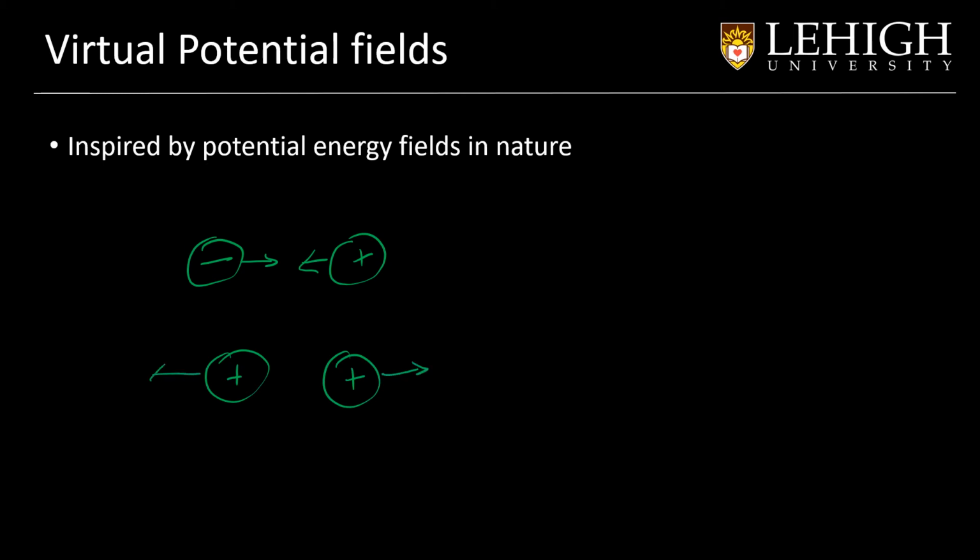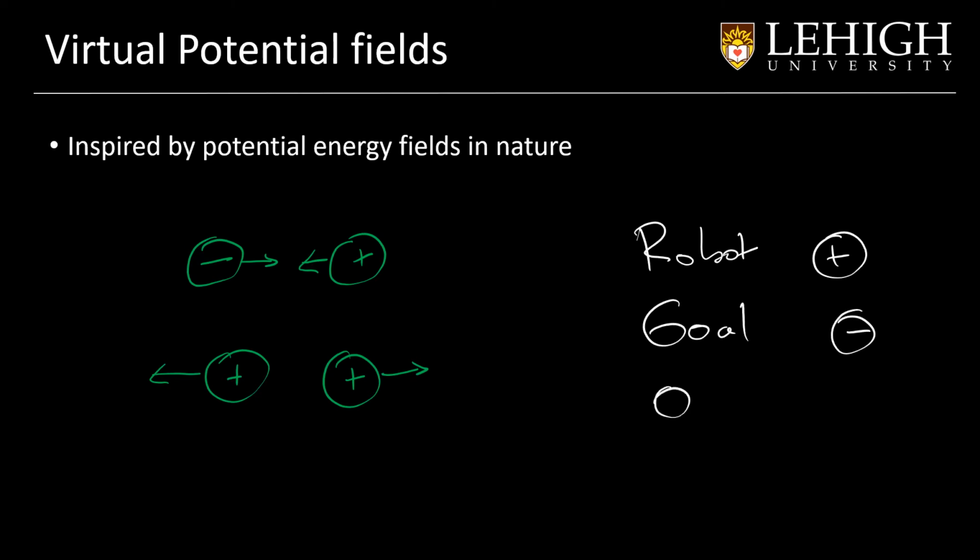We want to use the same idea in the robotic scenario. For that, we will say that our robot is a positive charge, our goal is a negative charge, and the obstacles are positive charges.